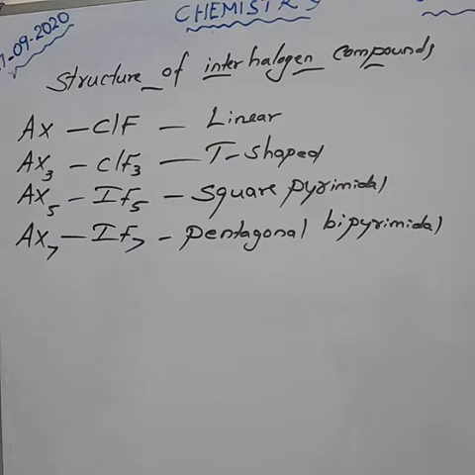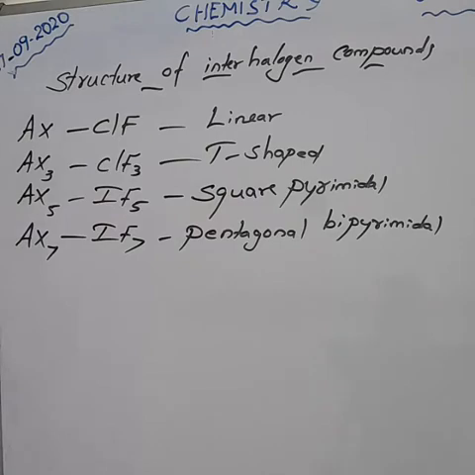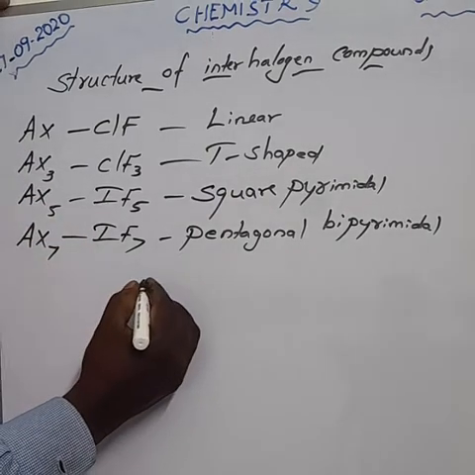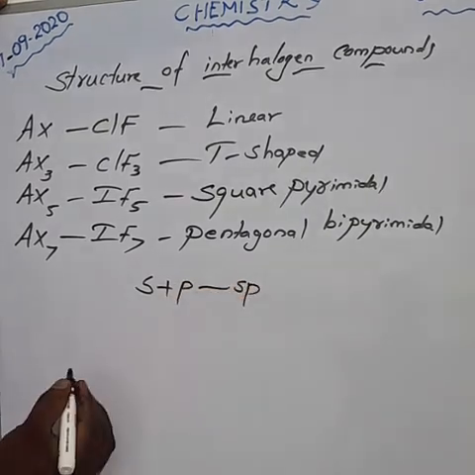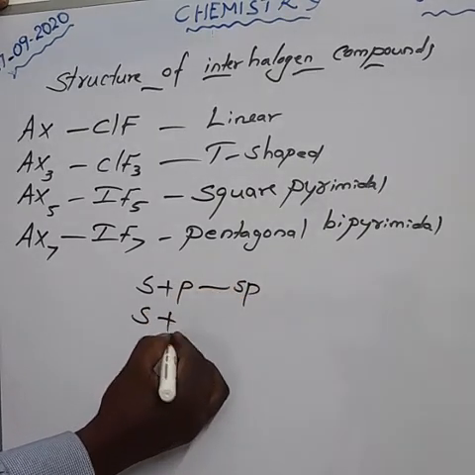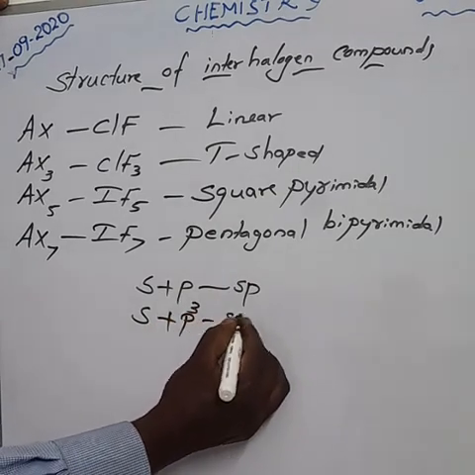For example, an s orbital combines with a p orbital, we get sp hybridization. One s orbital combines with 3 p orbitals, we get sp3 hybridization.